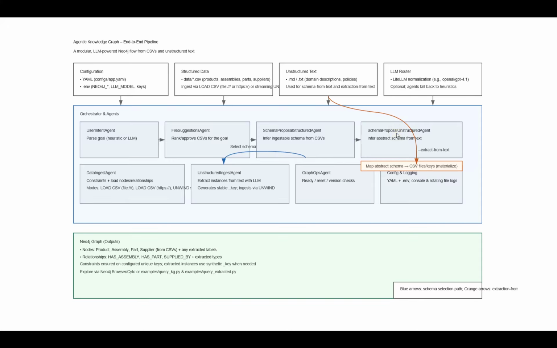So the schema is going to be inferred from unstructured data, a text file. We will read the information in that text file and infer the schema of the data in our CSV files, and with this schema we will later load the data from the same CSV files.